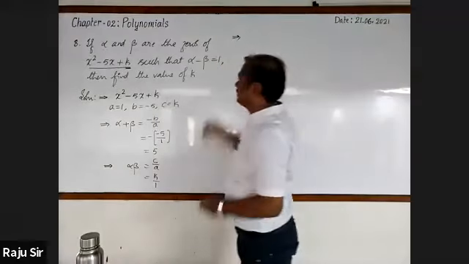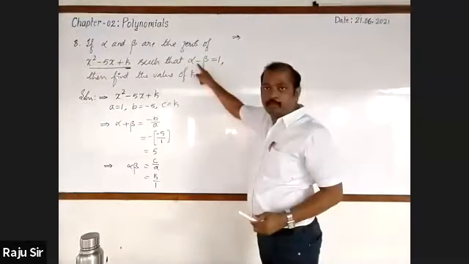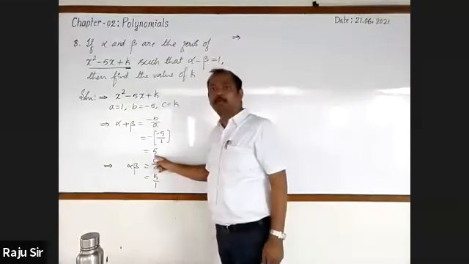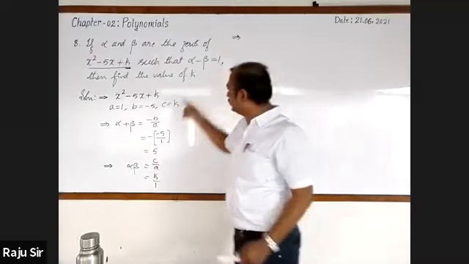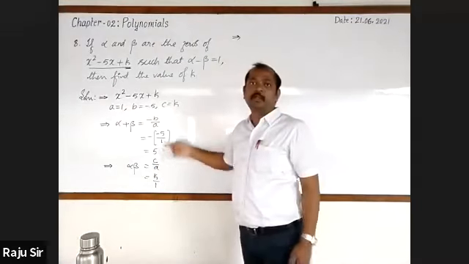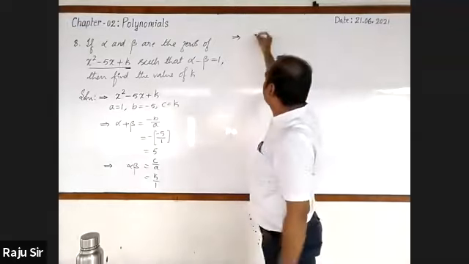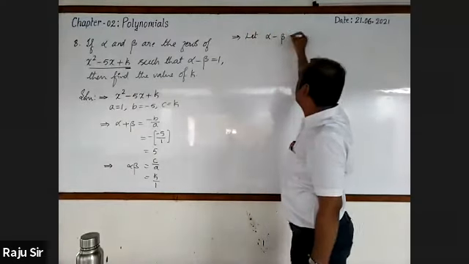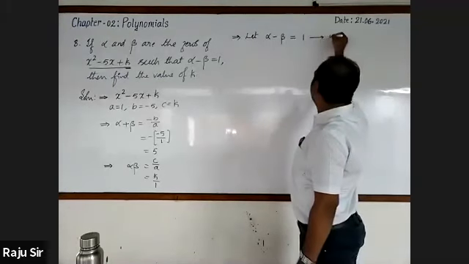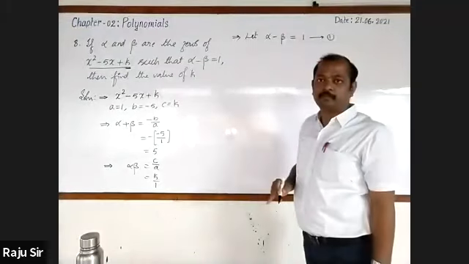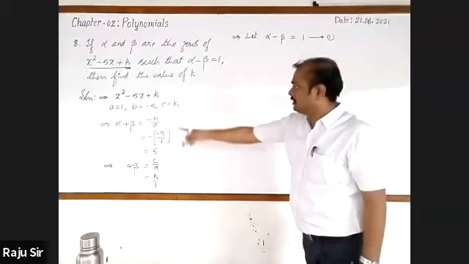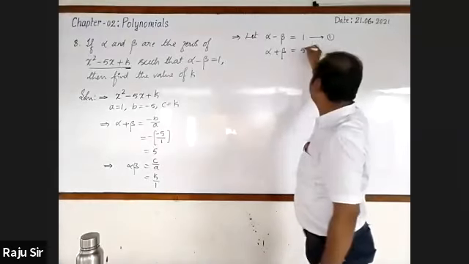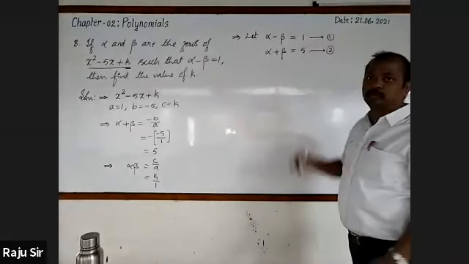And we all know that alpha minus beta is 1, and alpha plus beta, we have just found, is 5. So using these two equations, let's find them. Let alpha minus beta equal 1, call it equation 1. Next, alpha plus beta equal to 5, call it equation 2.